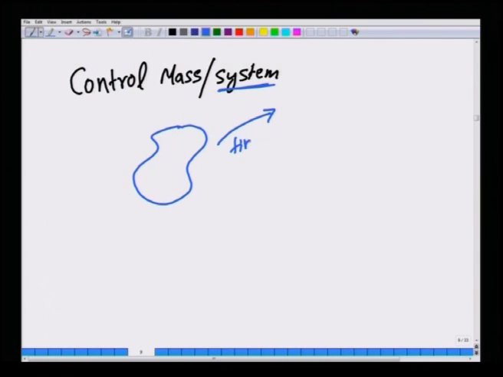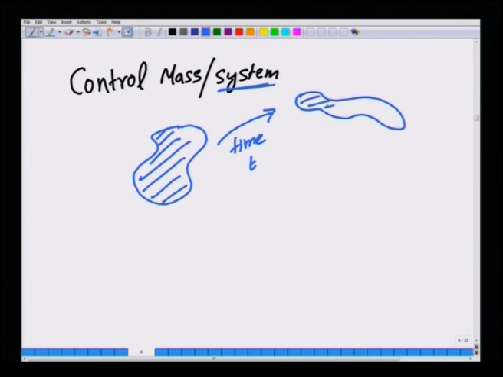As the fluid flows, after a time t, the same volume will be stretched and deformed in shape, and it will change its orientation and so on. It will move as the fluid flows, but essentially you are following the same set of fluid particles as the fluid is moving.